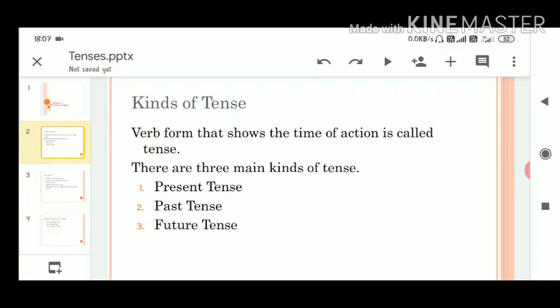Past tense means when the action took place in the past time, or the action completed before the time of speaking. Future tense means the action that is going to take place in the future time.